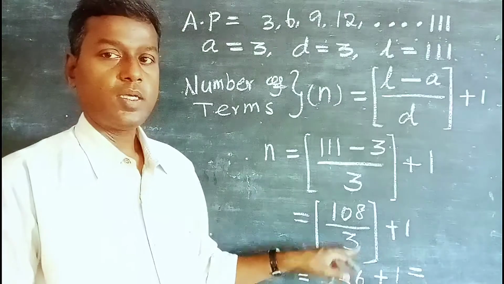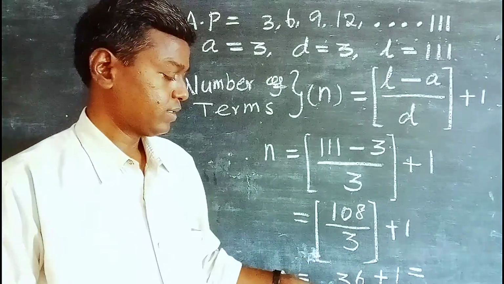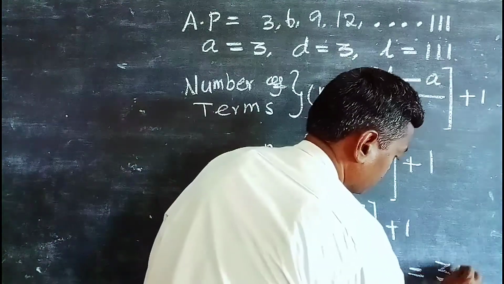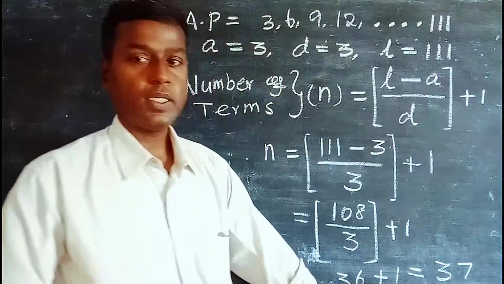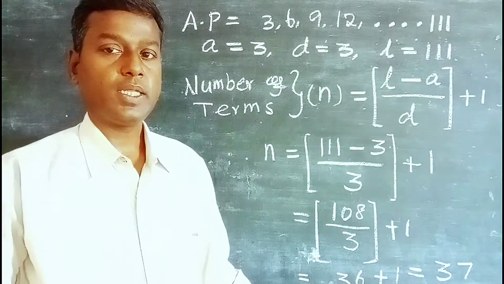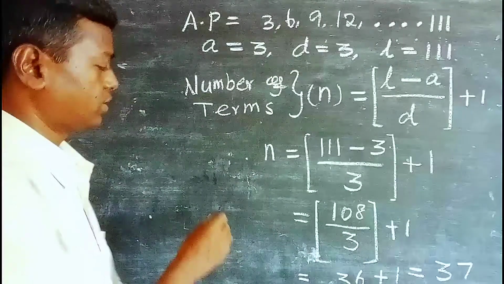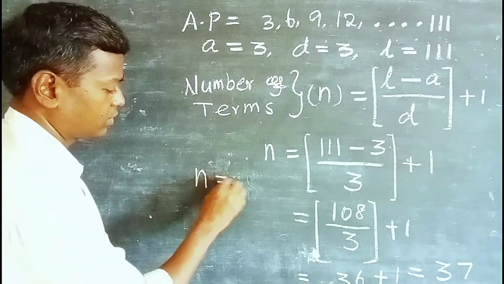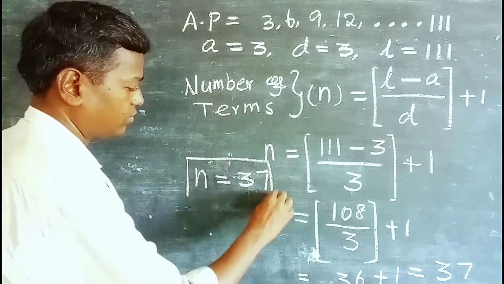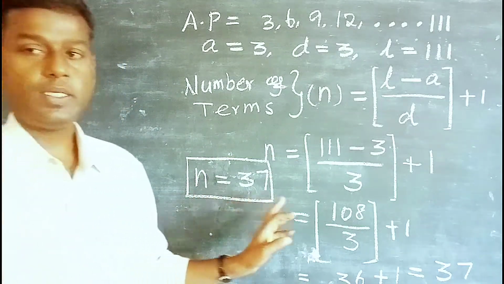So 36 3s are 108. 36 plus 1 we get 37. 37 is the number of terms in the given arithmetic progression. So n equals 37.